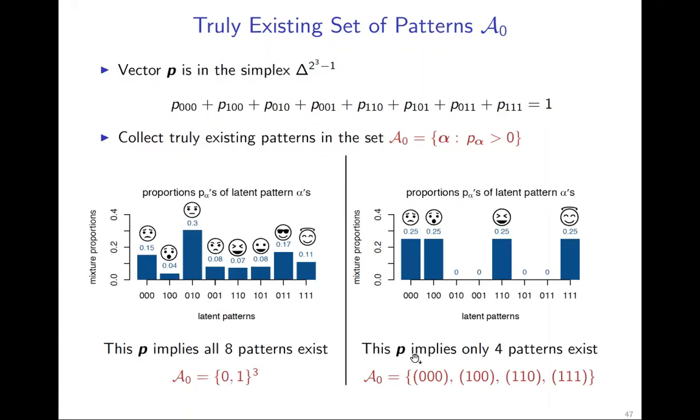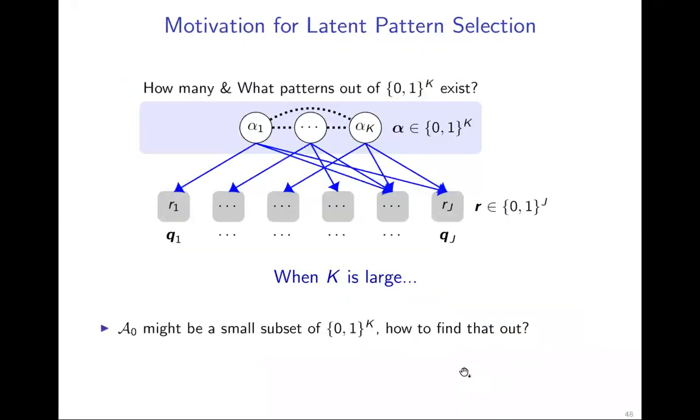While if P is sparse, then A0 just collects those allowable attribute patterns, or the support set of vector P. So in real-world scenarios, when K is large and sample size is limited, we have 2 reasons to believe that script A0 might be just a small subset of the entire set of configurations: the limited sample size reason and also the attribute hierarchy reason.